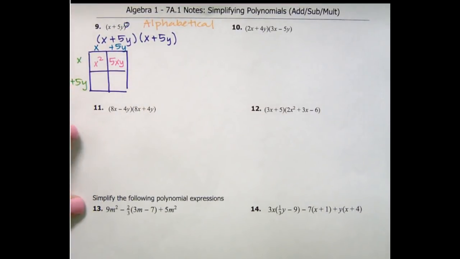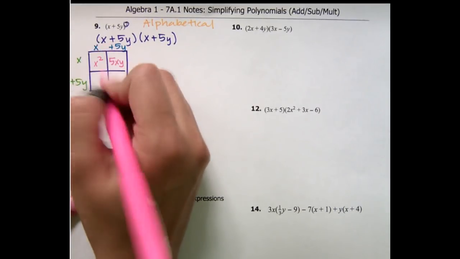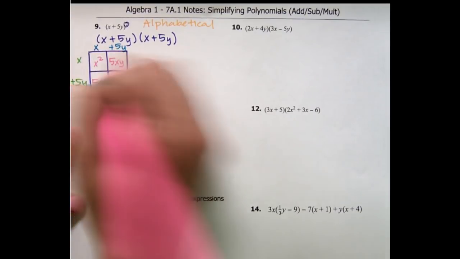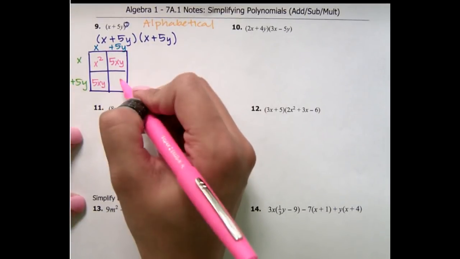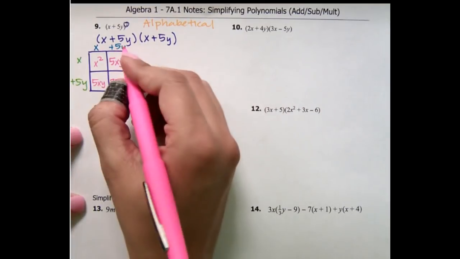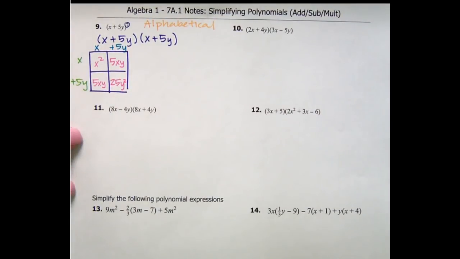You can't combine those variables because they're not like terms, they're not the same. So you just put them next to each other in alphabetical order. So this box will also be the same because I'm multiplying the same thing, x times 5y, so 5xy. Now here 5 times 5 is 25, y times y is y squared.